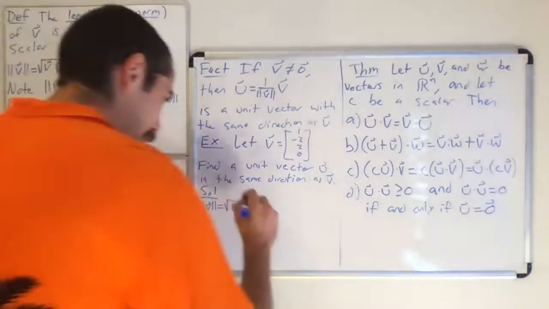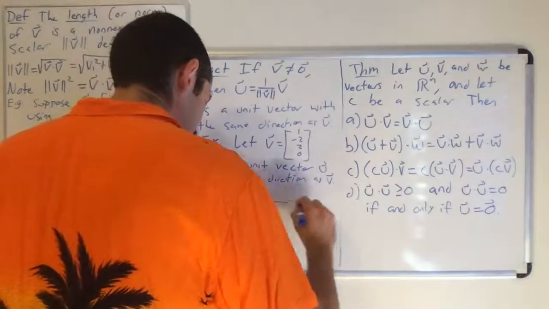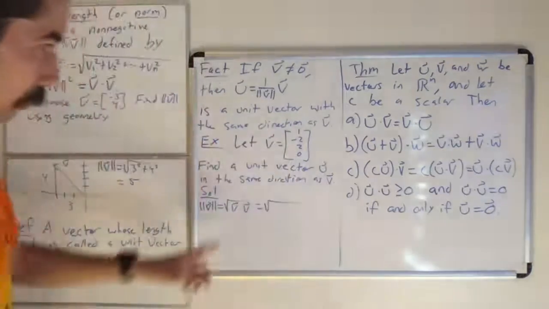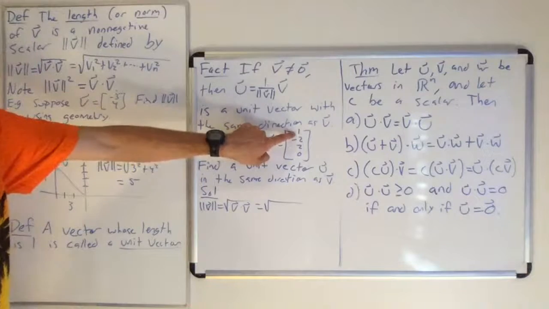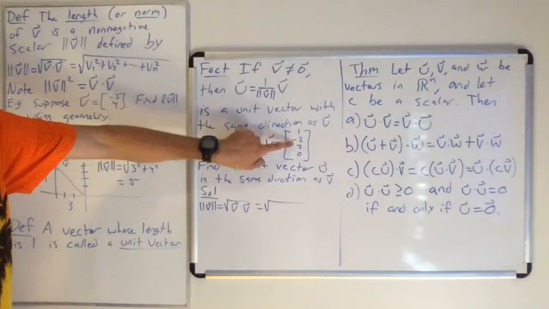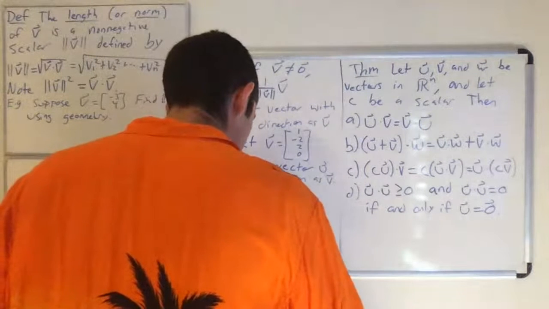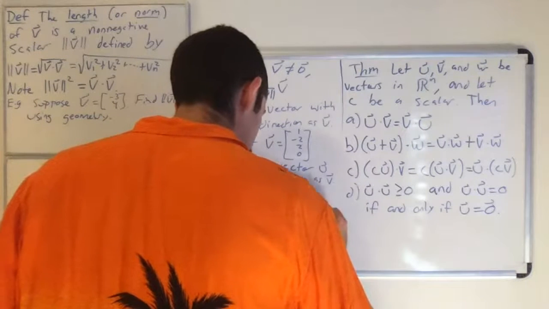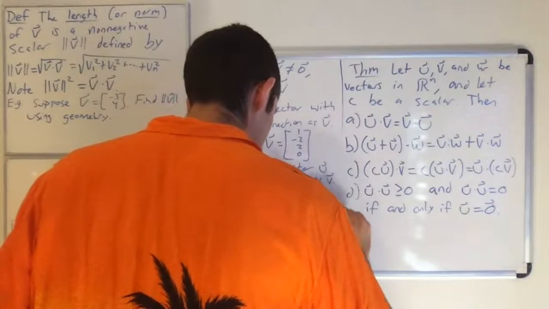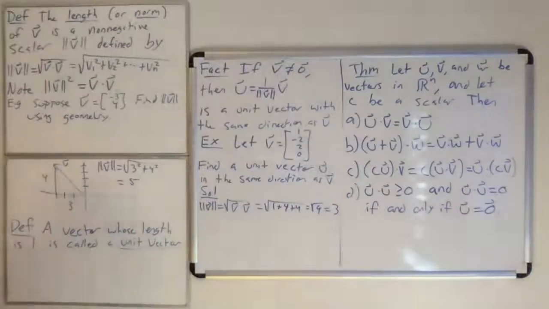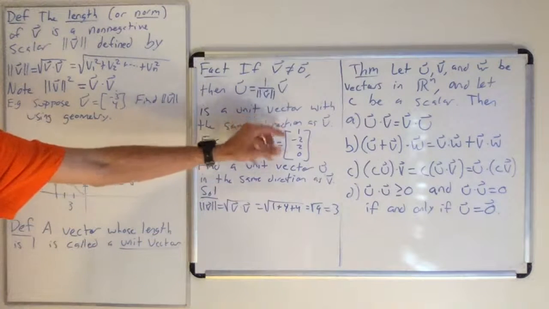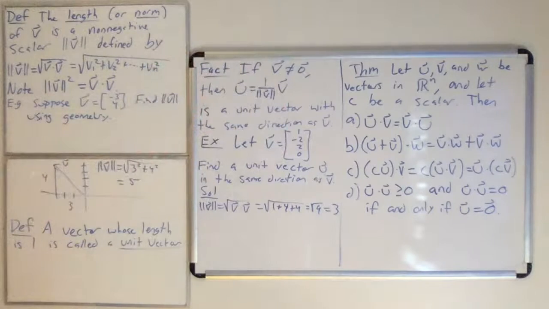Okay, and this dot product would be 1 squared plus -2 squared plus 2 squared plus 0 squared. So it's 1 plus 4 plus 4, which is the square root of 9, which is 3. Okay, so the length of v, this vector living in R4, has length 3.